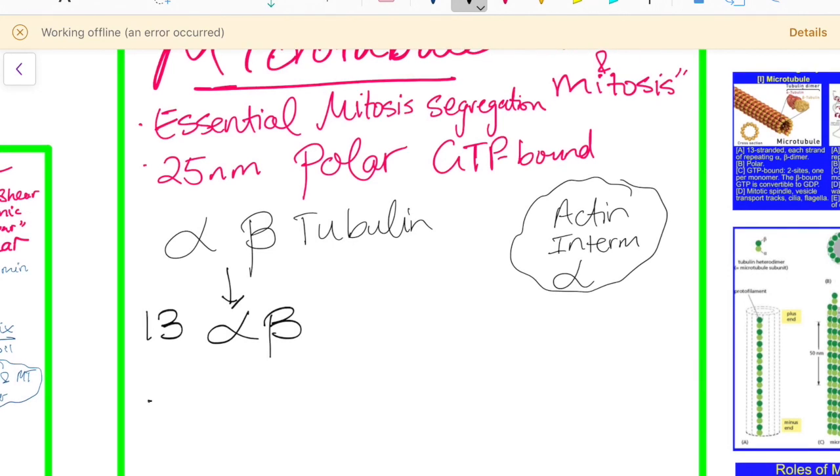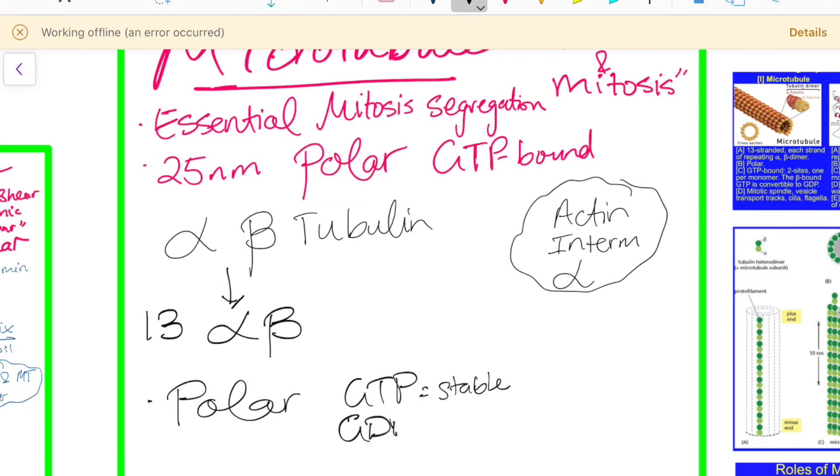So once again, it is polar with the GTP side, which is stable, just like ATP in actin, and GDP, which is unstable. But it happens on the same end. So if it is GDP bound, it is unstable and will shrink. GTP, it will grow, but at the same end, unlike actin, which happens on the opposite ends.